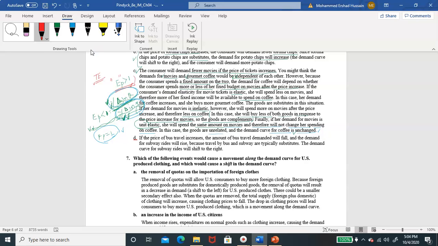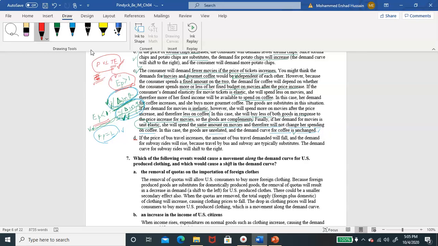So when we have this kind of elasticity, price and total expenditure will change in opposite ways. If price increases, total expenditure will decrease, vice versa. And depending on whether total expenditure on that item is increasing or decreasing, and how much money is left over to buy the other item, we can find the change in the consumption of other goods, right? Whether coffee and movie ticket are complements or substitutes.